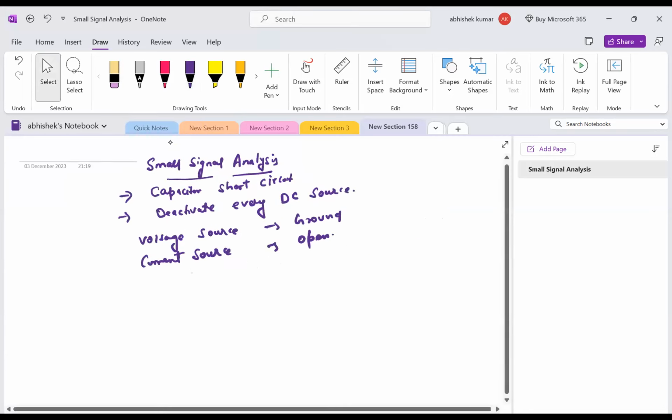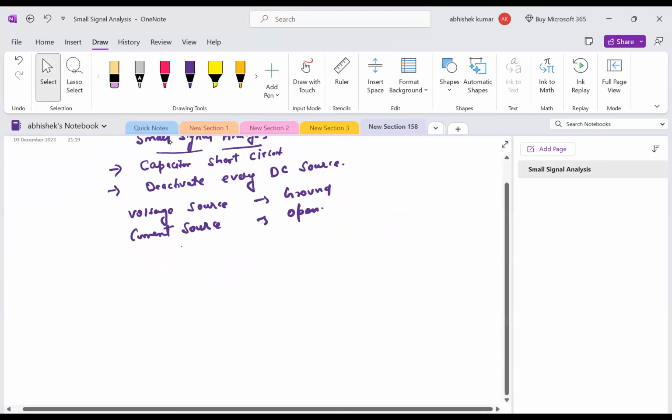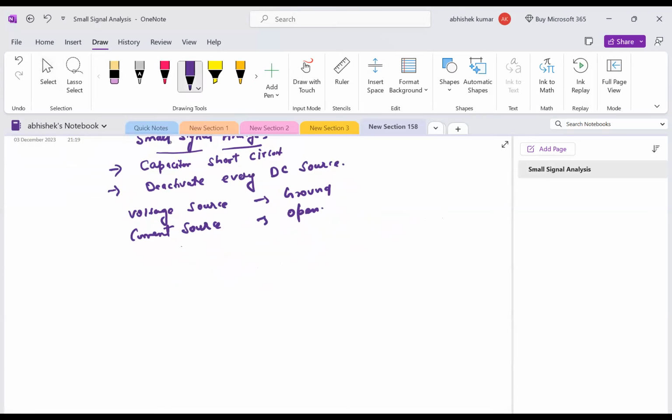There are a few important parameters that I am giving you. Let's go through those parameters. One parameter is the small signal transconductance.